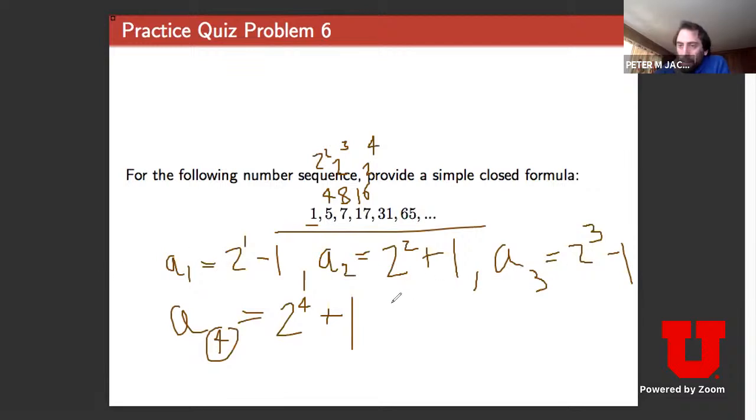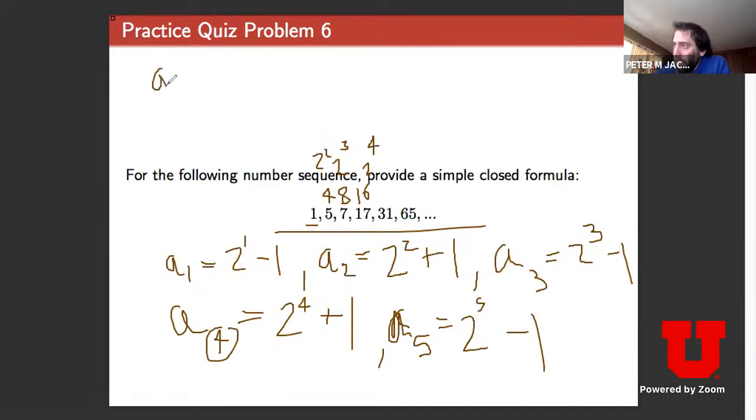Let's do one more just to see exactly what's happening. Here's A5. A5 is 2 to the 5th minus 1. It's an odd number, so we take 2 to the 5th and subtract 1. So for every odd index, we subtract 1 from 2 to the power of n.